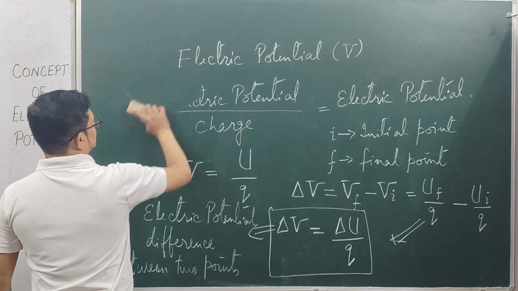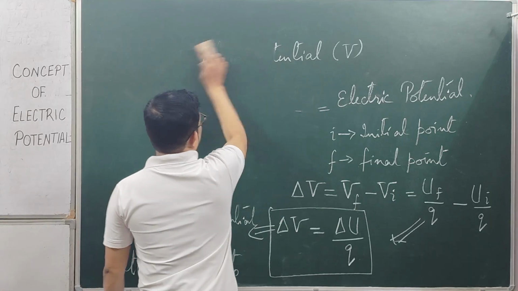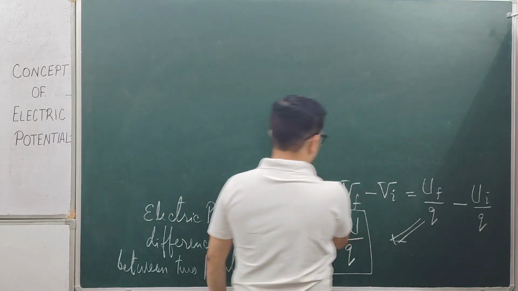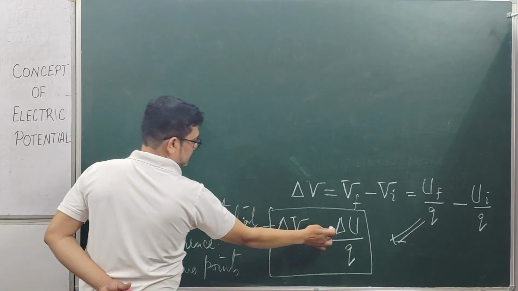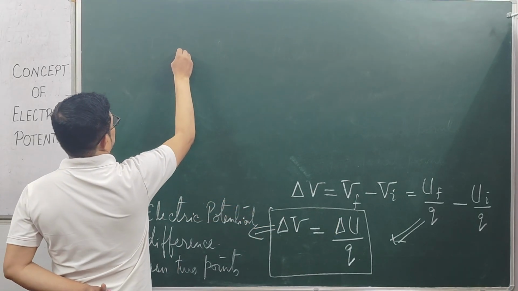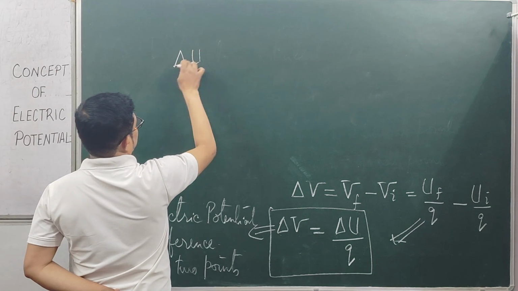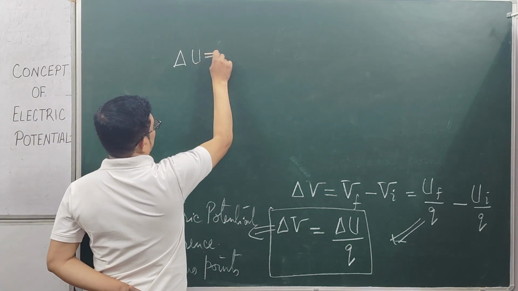So I would drop this part here and continue to derive a very important relation. We know that the potential energy difference, delta U, has a relation with work done, right?